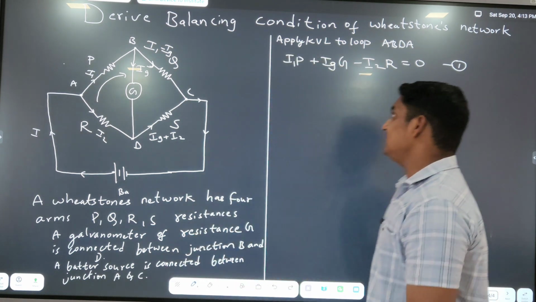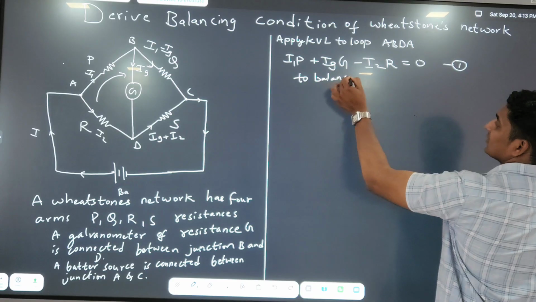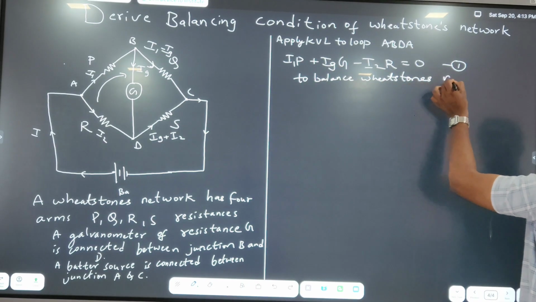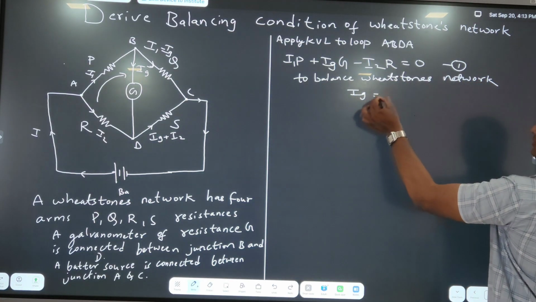But to balance the Wheatstone network, the current through the galvanometer, IG, should be 0.